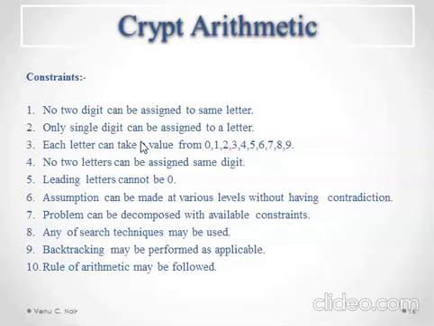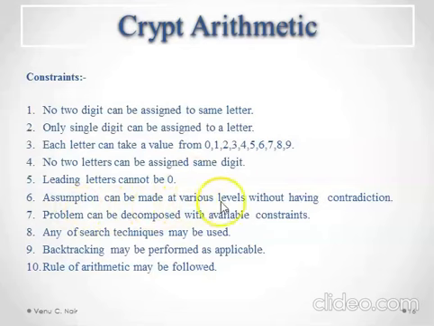So in that case, where the alphabet is the first one in a some digit number, then the first alphabet will not have this 0 in the domain. It can take only values from 1 to 9. So the domain has different value sets for different alphabets based on the position of the alphabet in the number series.